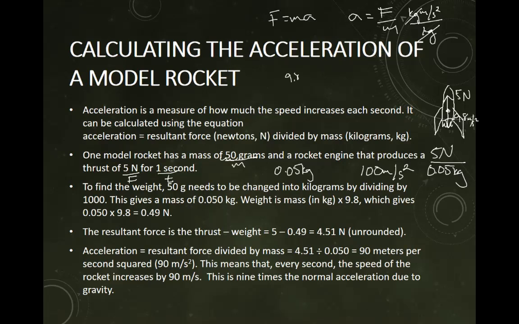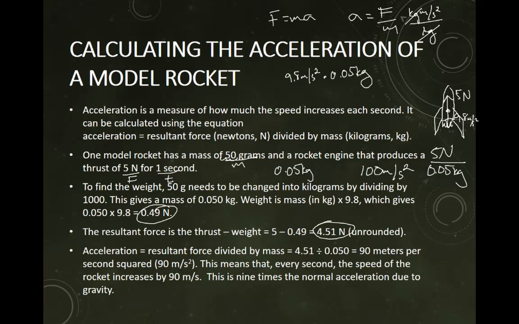So 9.8 meters per second squared times our mass, which is again 0.05 kilograms, is going to give us 0.49 newtons. So we have an opposing force. So our net force is going to actually only be 4.51 newtons.